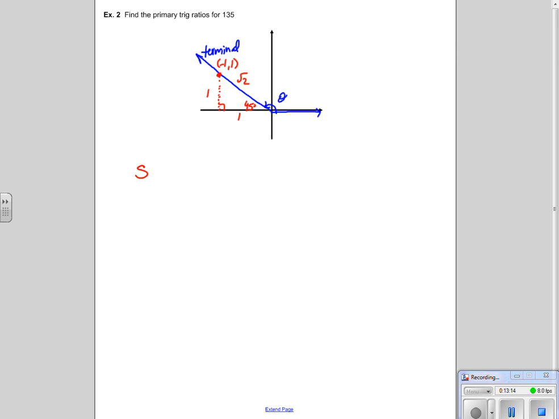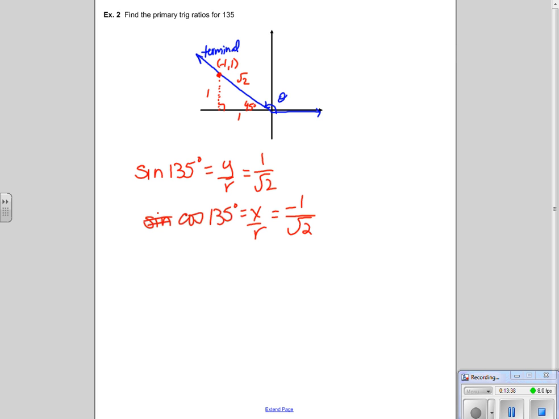Sine of 135 is y over r, which is 1 over root 2, which is positive. Cos of 135 is x over r. My x value is negative 1, and the r is always positive root 2.